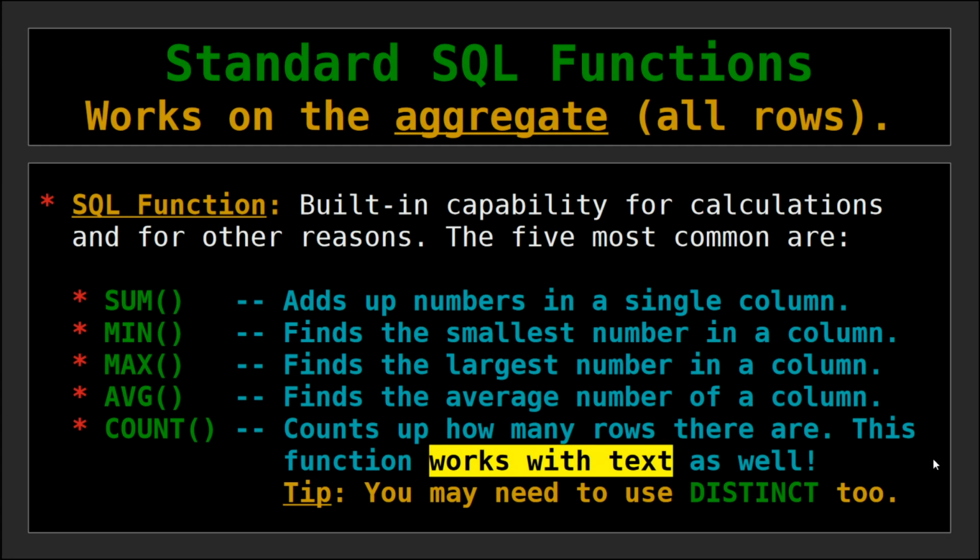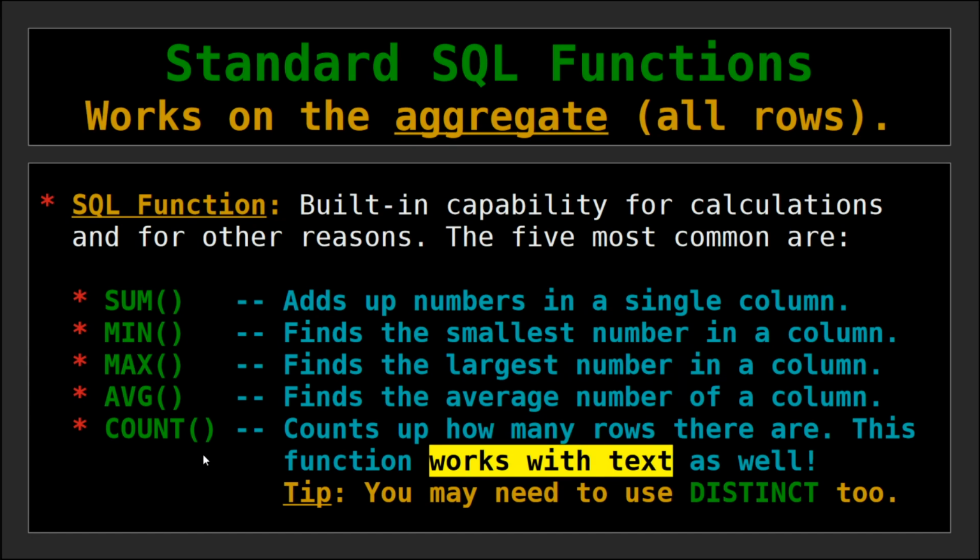As you can see, all of these other functions, sum, min, max, average, only work on numerical data. If you try to do sum on a bunch of text values, you're going to have some chaos, because this is all meant for numerical calculations.